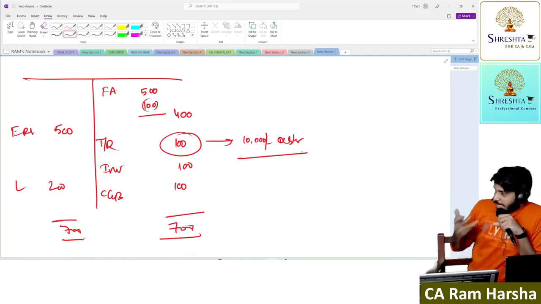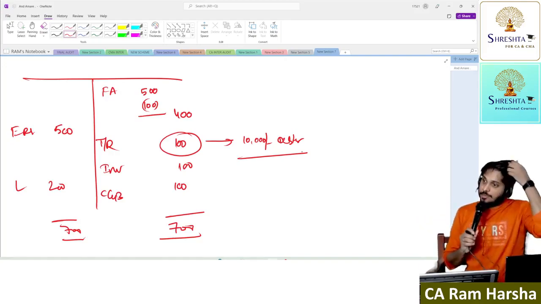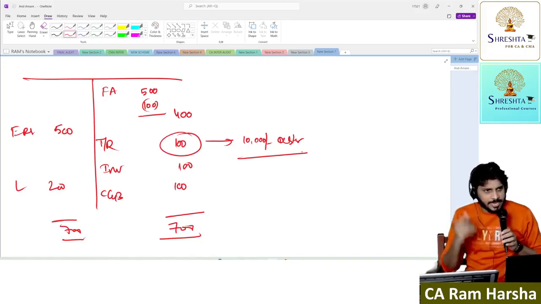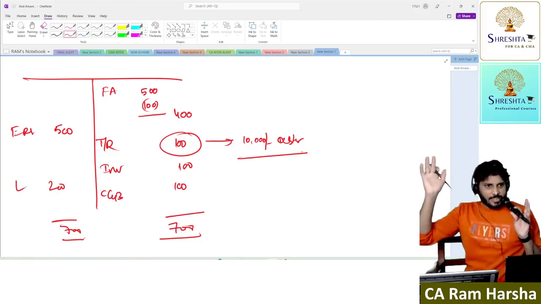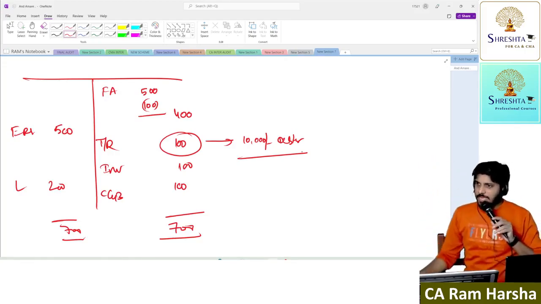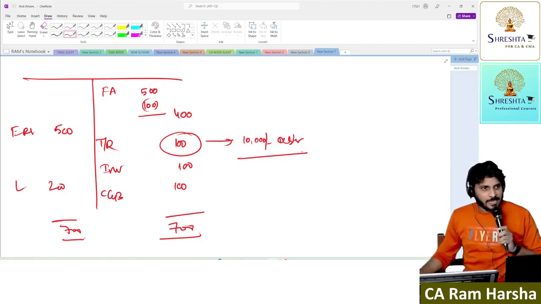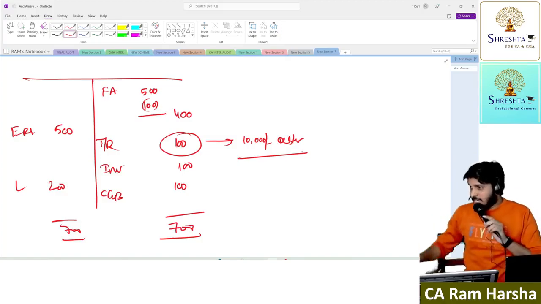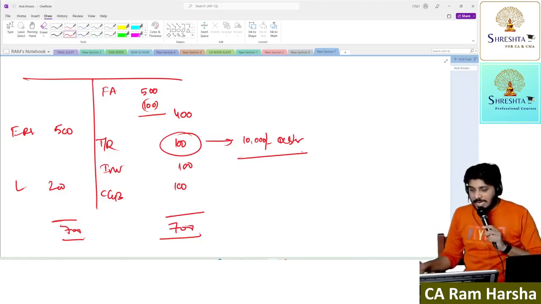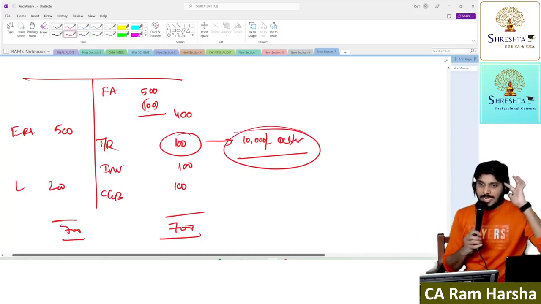No. I want to get evidence from him on whether he is really liable to pay the company 10,000 or not. I sent it to so many debtors, everyone replied, but this fellow is not replying. I tried to reach him, not available. I tried alternative methods, not possible. Ultimately, for 10,000, I did not get evidence.